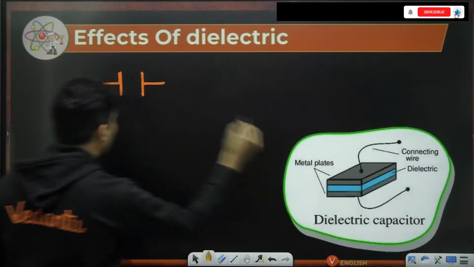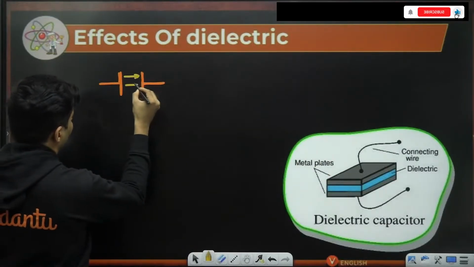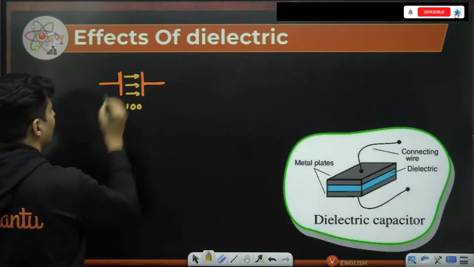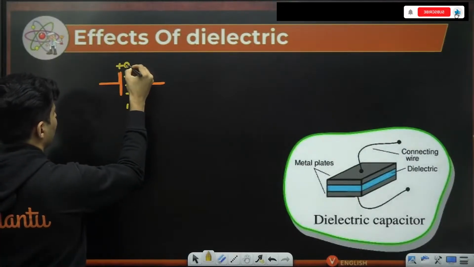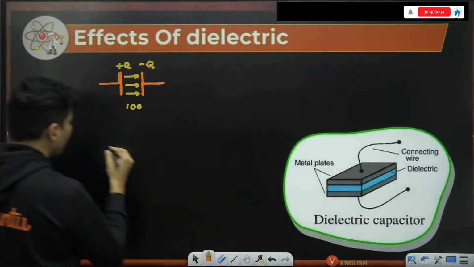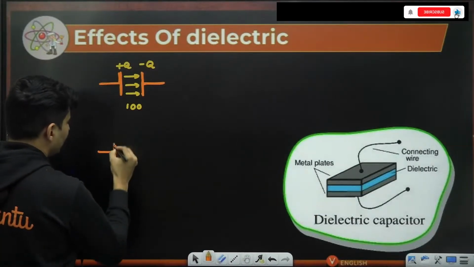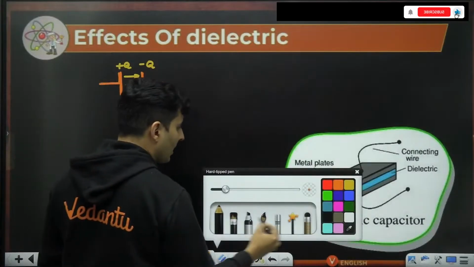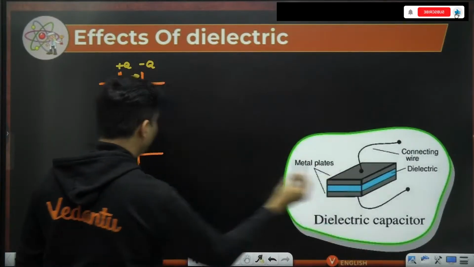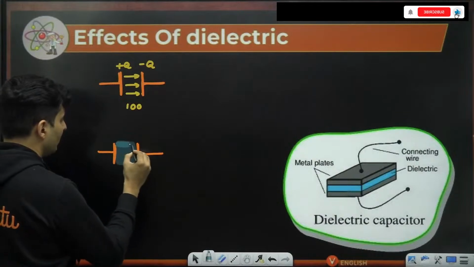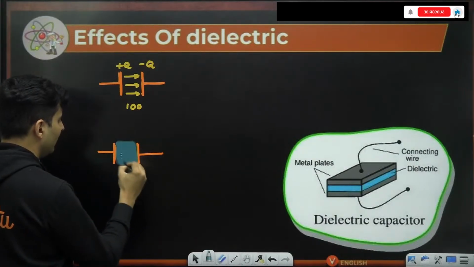Now, when there is some charge stored in it, let's say the field in units is 100 when there is a charge of plus q and minus q stored on it. Now what I do is, the space between the capacitor plates, I fill it with some dielectric medium.